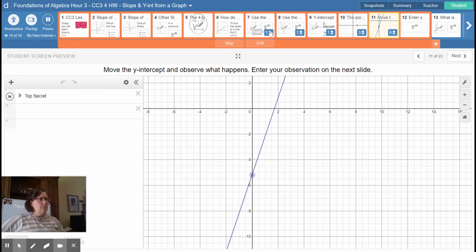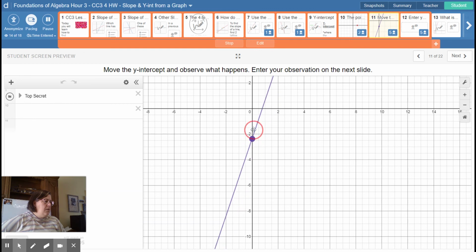Go. Hey, Davon, we're up on slide 11, buddy, 11 and 12. Isa, slides 11 and 12, please. Jefferson, slides 11 and 12, please. Again, slide 11, grab that purple y-intercept. You're going to move it along that y-axis. Observe what's happening to the line in the y-axis, and then on slide 12, enter your observation.